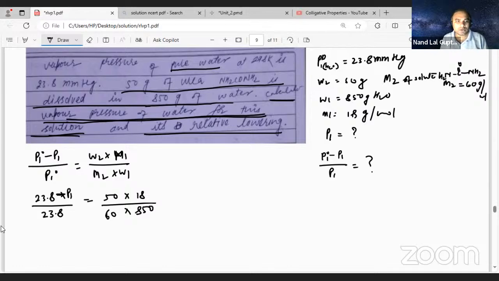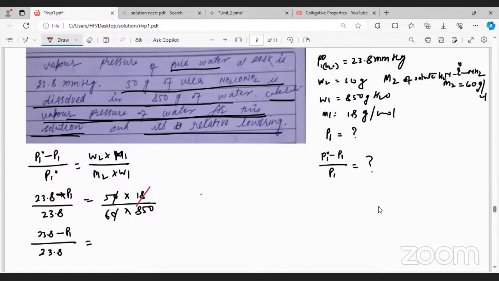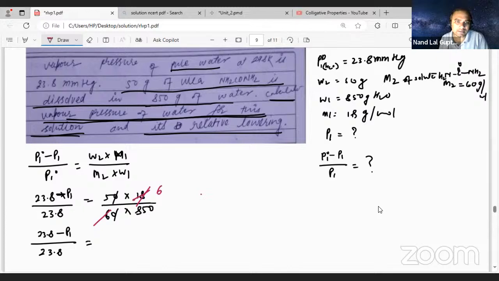How can you solve? (23.8 minus P1) upon 23.8 equals, 10 and 10 will cancel out, then 18. 3 sixes are 18, so 5 multiplied by 6 divided by 850.